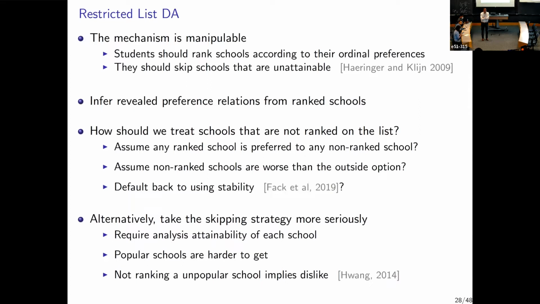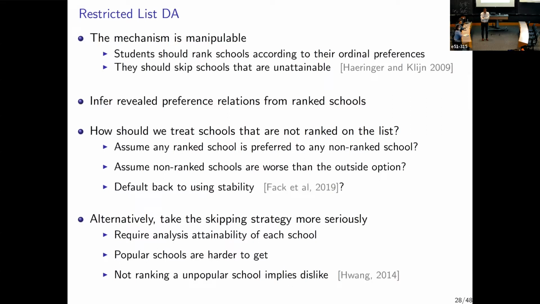The assumption is that the observed allocation is stable, and as such, each individual is choosing the school that gives them the maximum utility among those schools that are in the budget set. In the budget set means schools for which they have a priority that is above the cutoff.